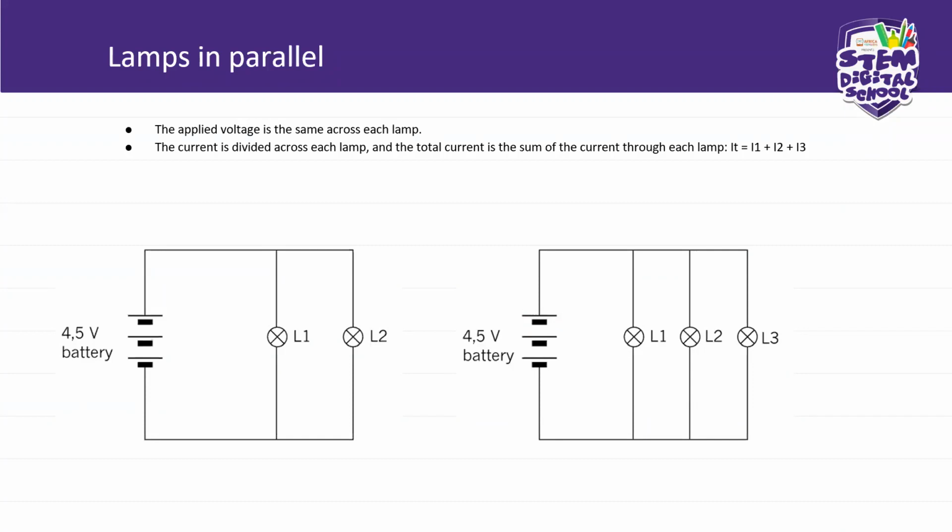This is why in your house, you don't have a series connection of your lamps, of your lights. You don't have a series connection of your lights in your house. If the person who was doing the electricity in your house knows electricity, they won't connect lamps in series.